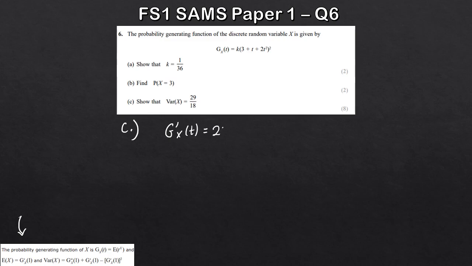That would be 2k, and we just times by the derivative of the bracket. What's the derivative of the bracket? Well, there's a t there, so that's a 1, and then the 2t squared will be 4t. I'm going to times 2k by 1 plus 4t, and then we times all of this by our original expression, 3 plus t plus 2t squared. Hopefully this part shouldn't be too bad, just standard differentiation, which you should be confident with through A level.